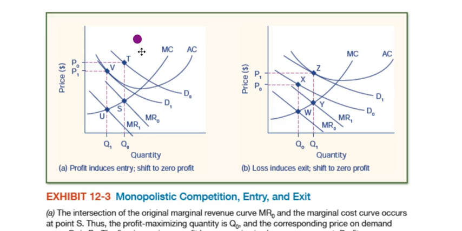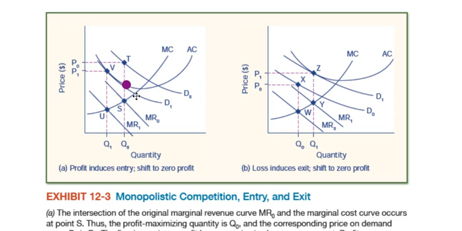If the firms in the market are at point T, their price is well above their average cost, so they're making an economic profit.